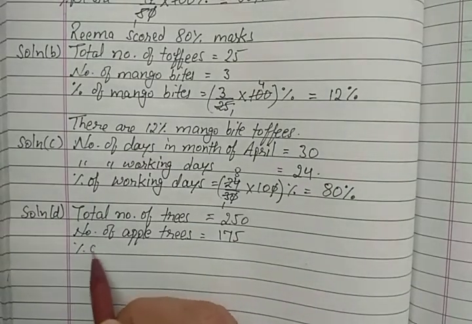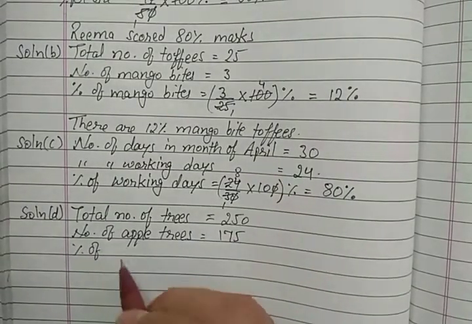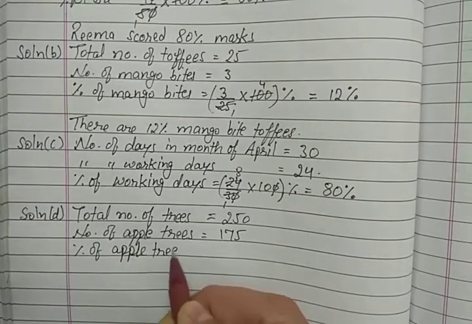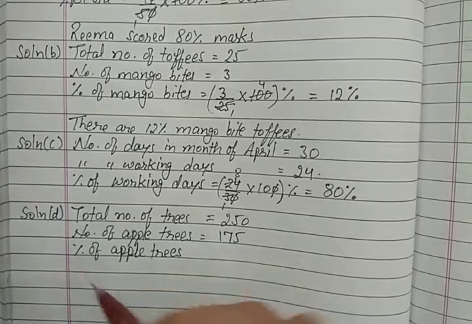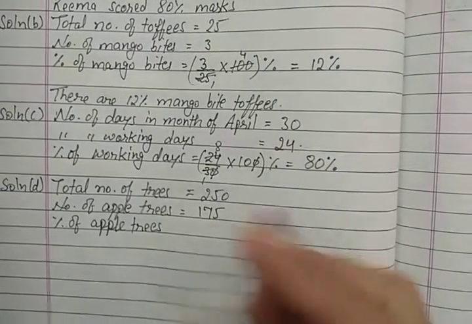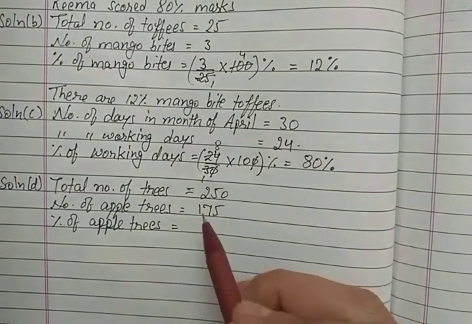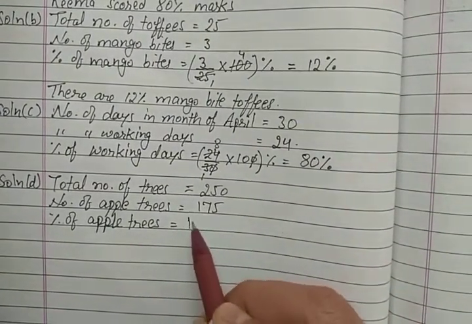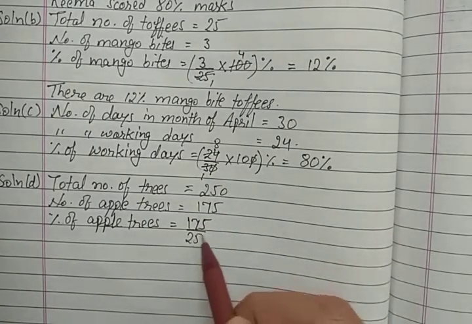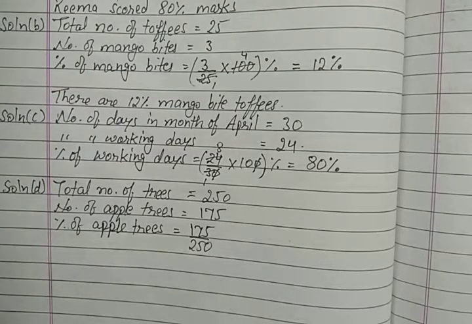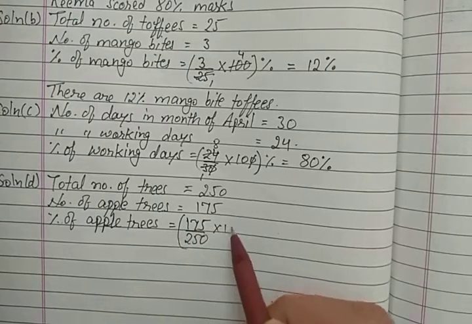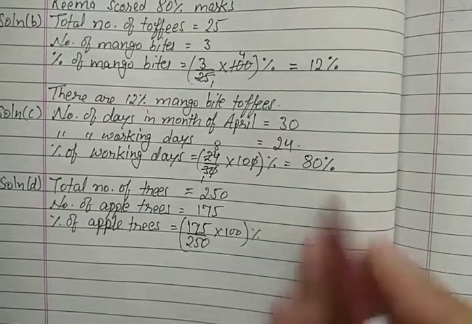Now the percentage of apple trees. I am writing percentage in short with a sign. Percentage of apple trees. So you know what we have to do. First of all write in fractions. The one whose percentage we have to find, we write on top in the numerator. And the total number, where do we write it? Always in the denominator. Now to find the percentage we have to multiply by 100 and percent.